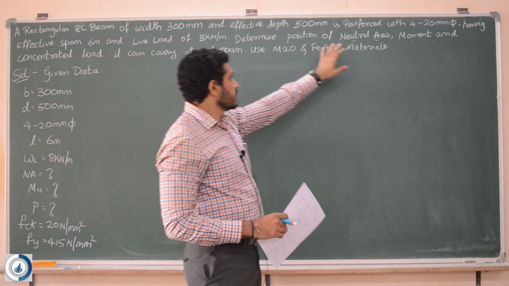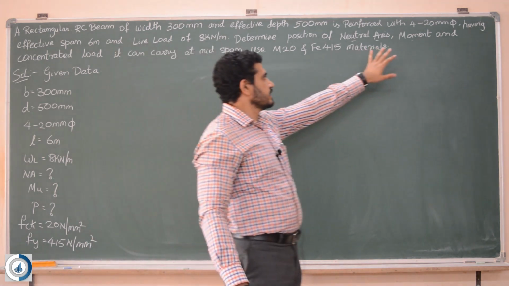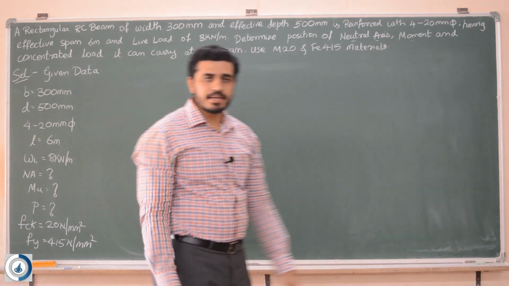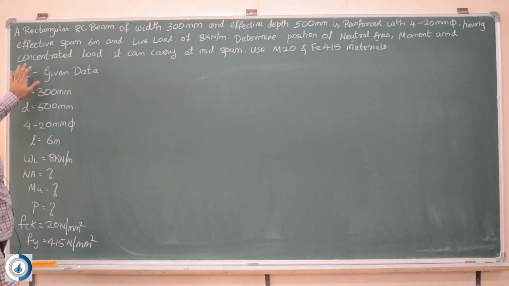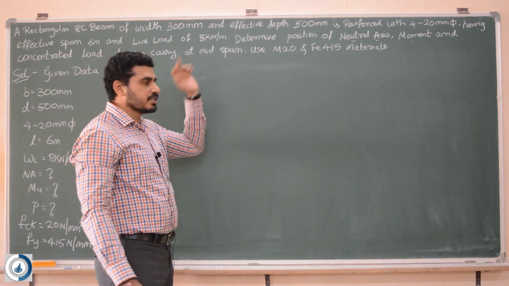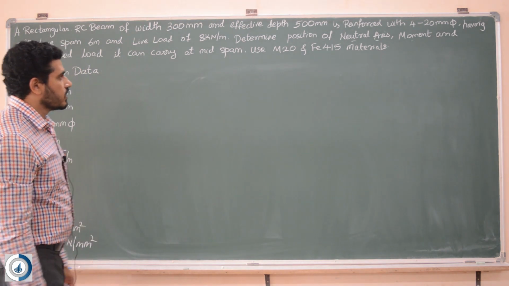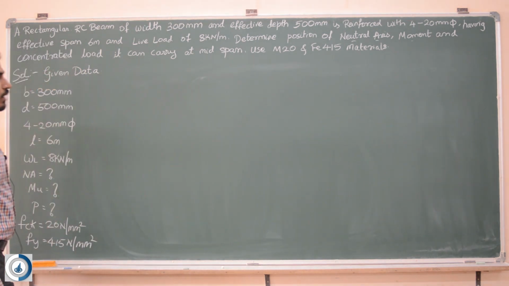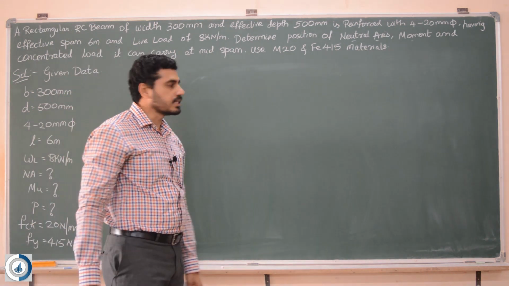Now in the first step we found the position of neutral axis. In the second step we calculated the ultimate moment of resistance. Now the third and important thing is to calculate the concentrated load which the beam can carry at midspan. So we have to calculate the point load. For that we now require the working moment. The moment which we calculated in the second step was the ultimate moment.